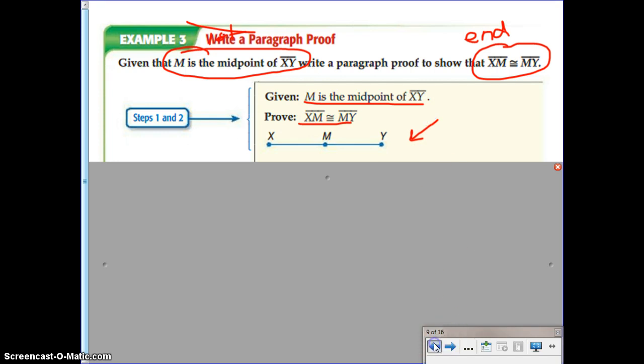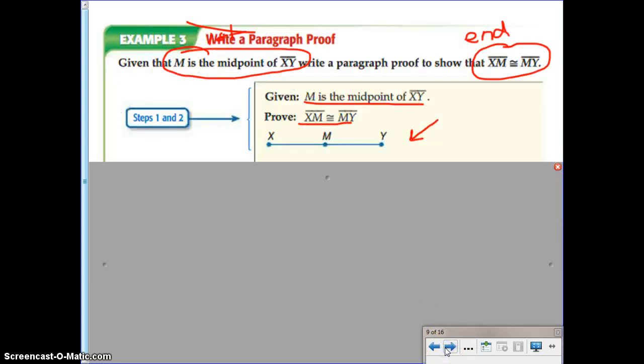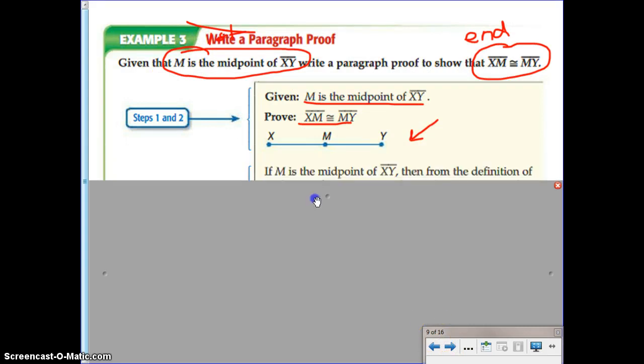All right, step 3 says to create an argument by a formal or logical chain of statements linking the given to what you're trying to prove. So could you look at our theorems and come up with any of that? Pause the video for a minute, take a look. All right, so if M is the midpoint of XY, then, so we always like to start with what's given.